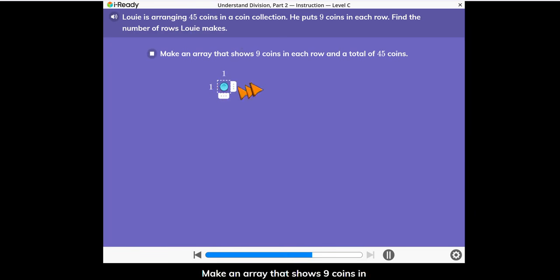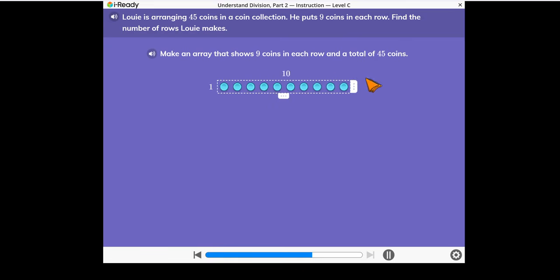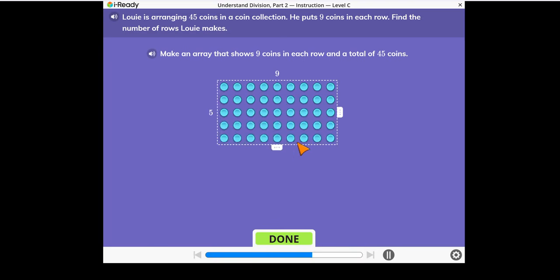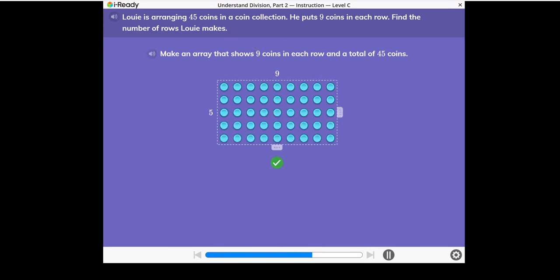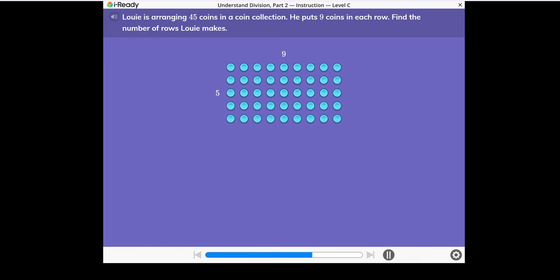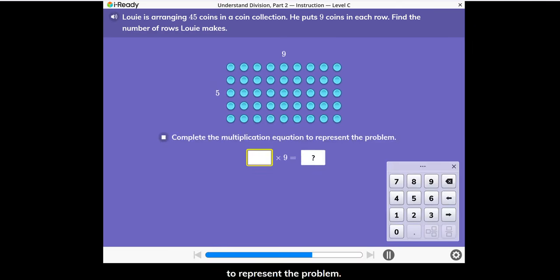Make an array that shows 9 coins in each row and a total of 45 coins. Complete the multiplication equation to represent the problem.